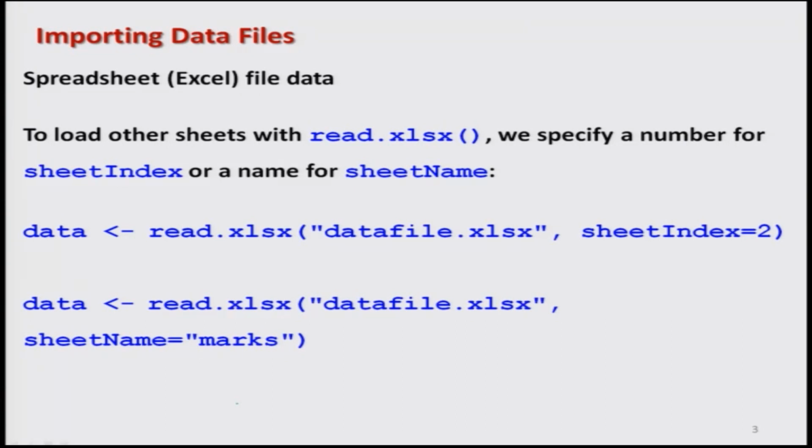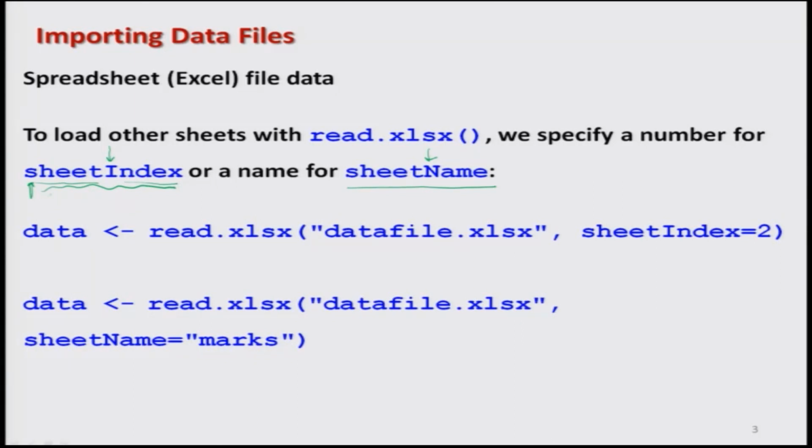In order to read a particular sheet, I have to use either sheetIndex, where all letters of SHEET are in lowercase, then I is in uppercase, that is capital, and all other letters are small, or I can use sheetName. Here all letters except capital N are in small alphabets.